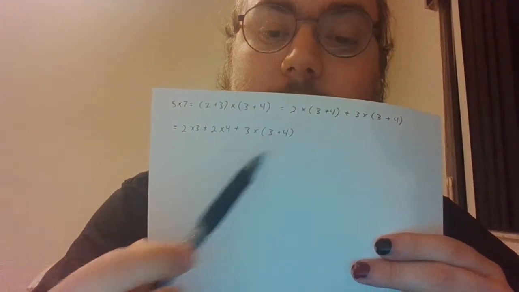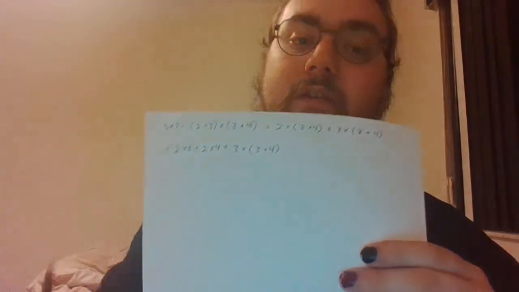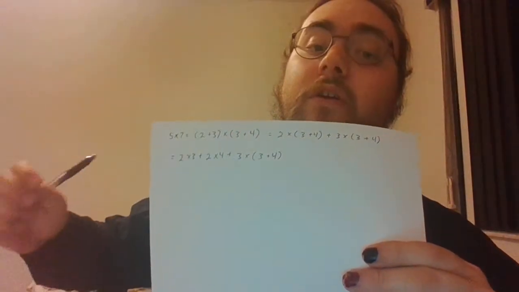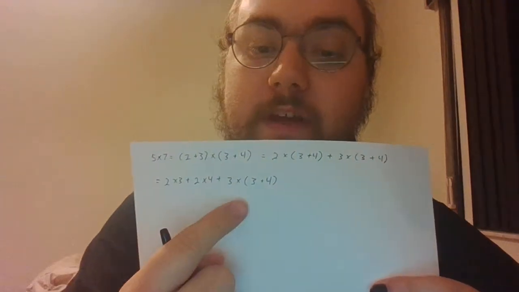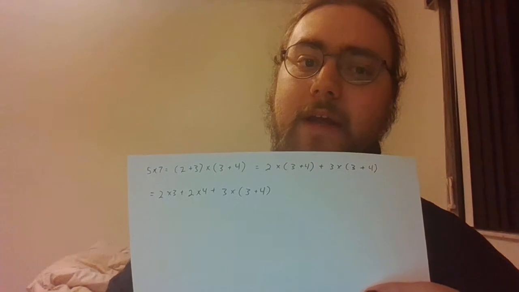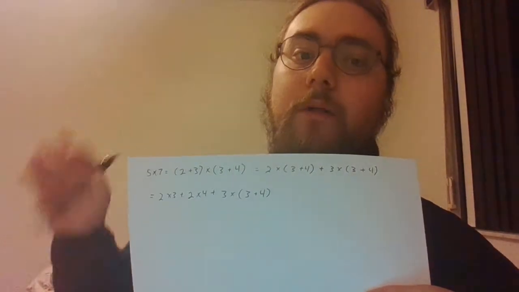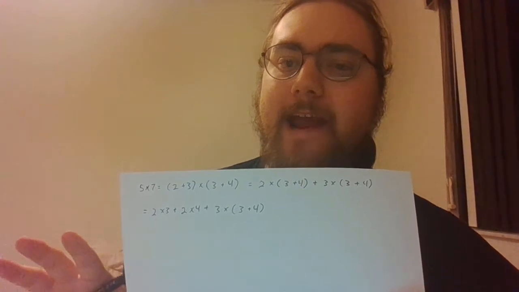That's going from this step to this step. I've just broken down 2 times 3 plus 4 into 2 times 3 plus 2 times 4. And then I'm going to do the same thing for the 3 times 3 plus 4. I'm going to break that down, and then I'll multiply all the individual terms, which I'll have 4 of, and I'll add them together to see what I get.